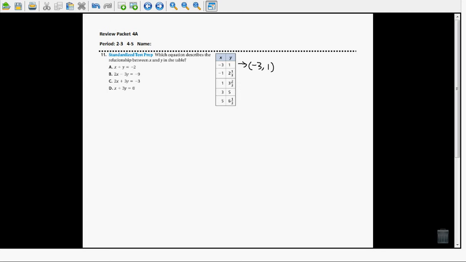If this point satisfies this equation, then it's on that line. I would try to plug in there for A. If it works, all the points have to work, so plug these numbers in.